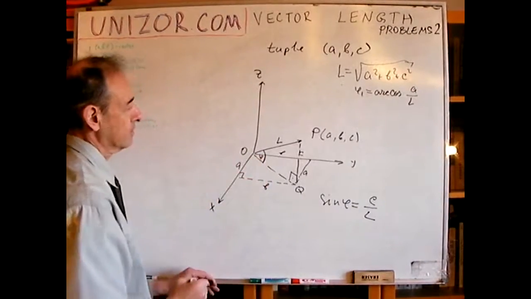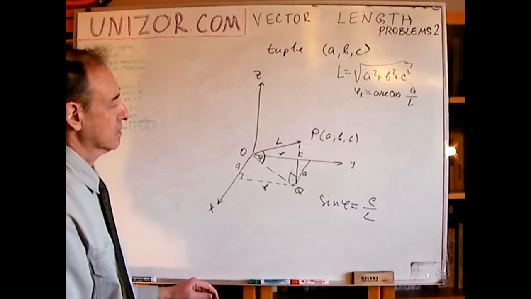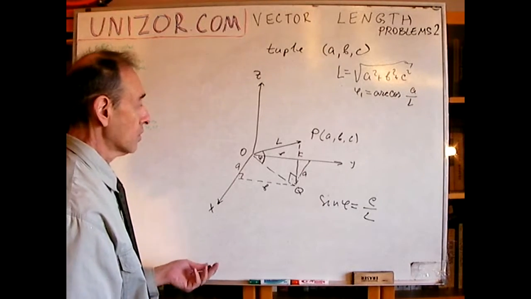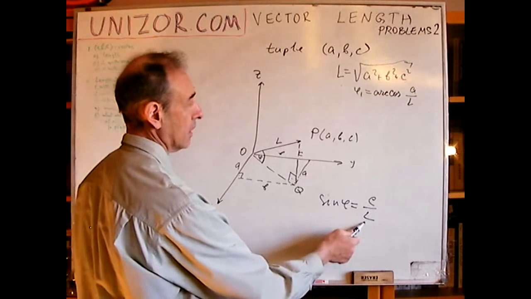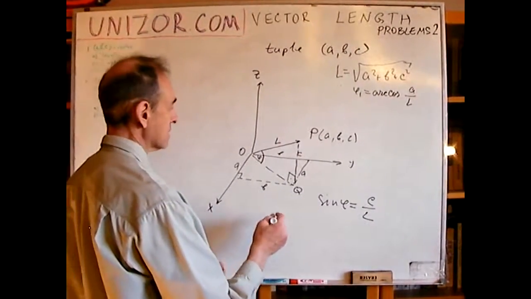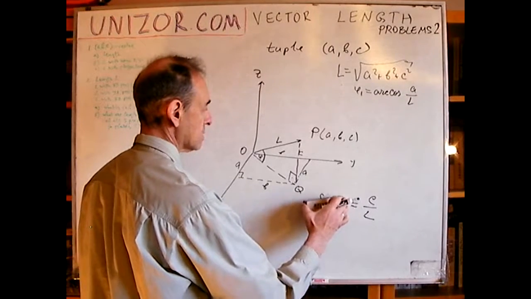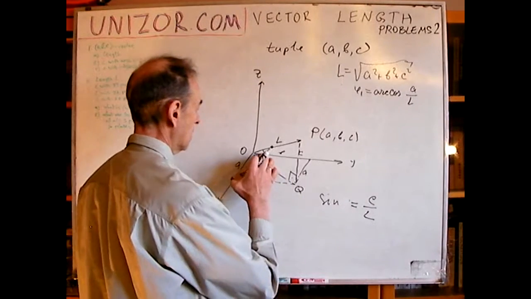If this is phi, the opposite catetus towards hypotenuse. And we know L because we have already calculated it, right? So in this case, the only thing is, instead of phi, let's use psi.